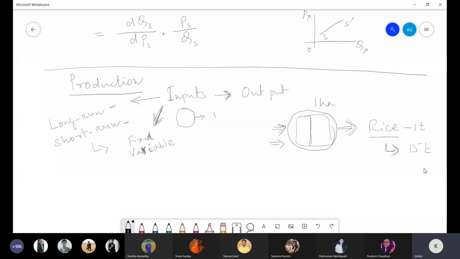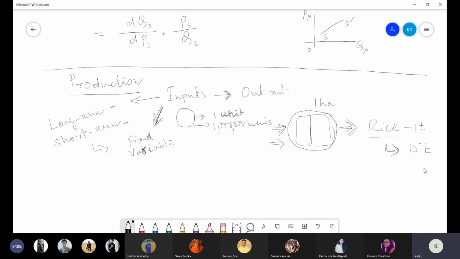Whether I produce 1 unit of this pen, or in this particular production unit I produce 1 million units of this pen, what will happen?